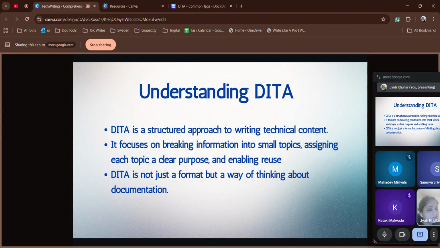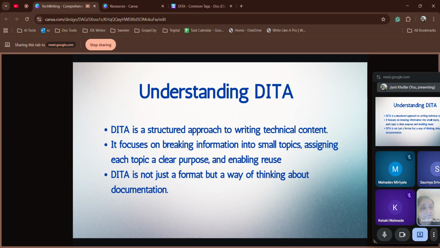It breaks the information into such small topics that every topic stands alone. Stands alone means it makes sense out of it. Like if you place that particular piece of information anywhere in the document, if you want to reuse it, it should not be dependent on any other topic as such.